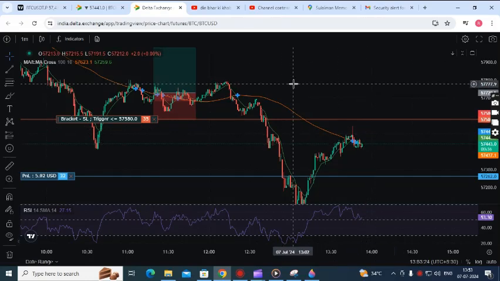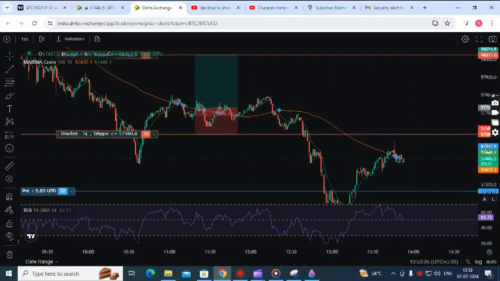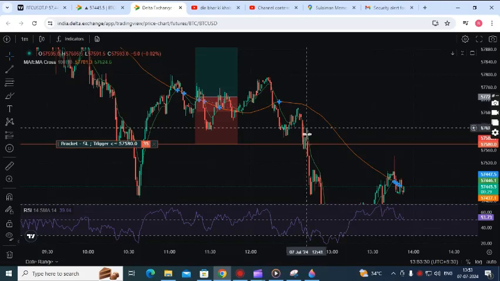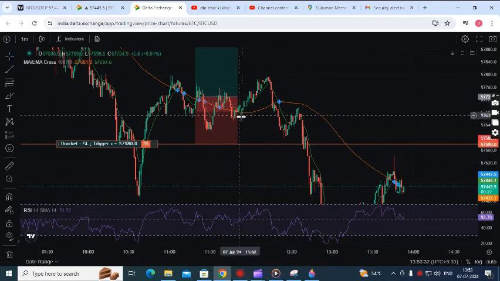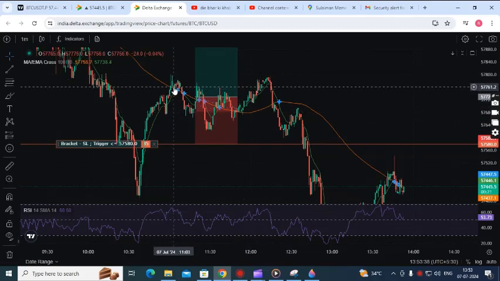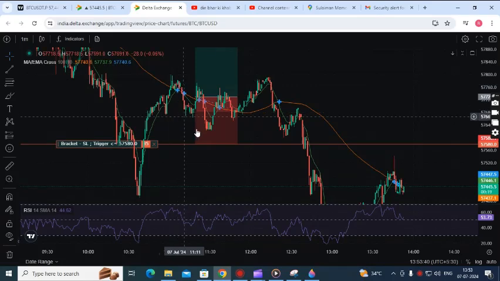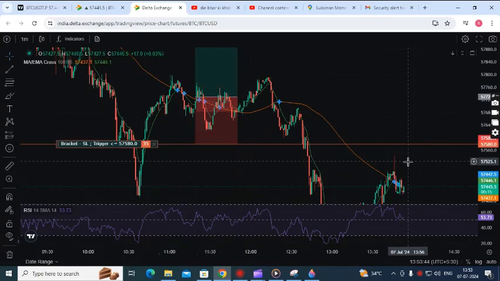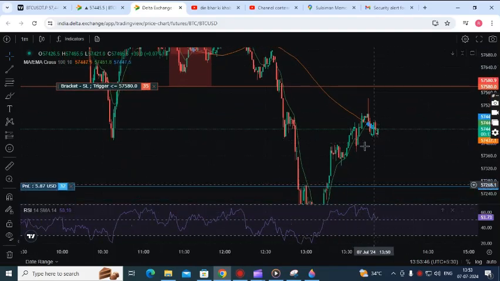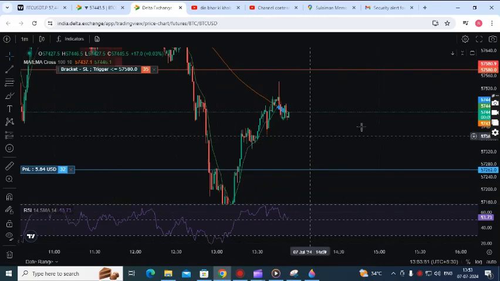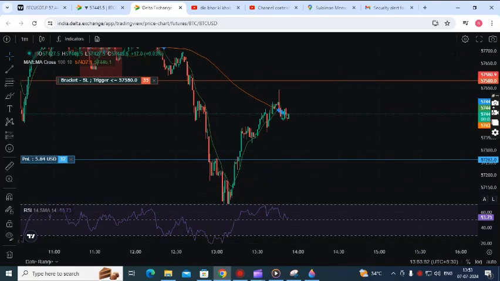So guys, you can see here, if it is not spending much time at the moving average, most probably it will go down. But if it is spending more and more time like this, it will cross and go up. If it were to come down and go back quickly, it would have just touched and come down. It's spending some more time, so I hope it will go up.